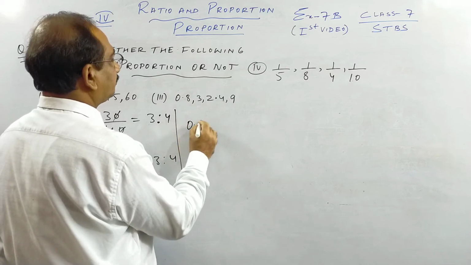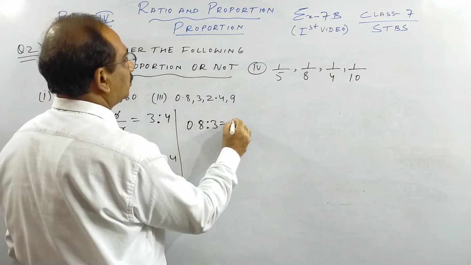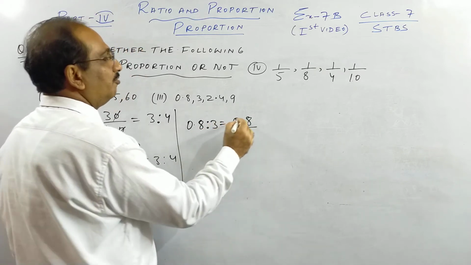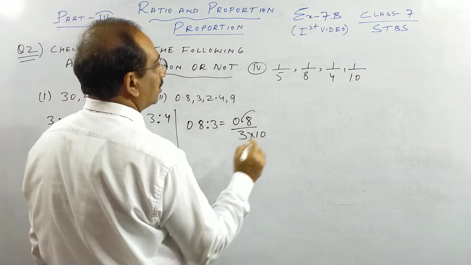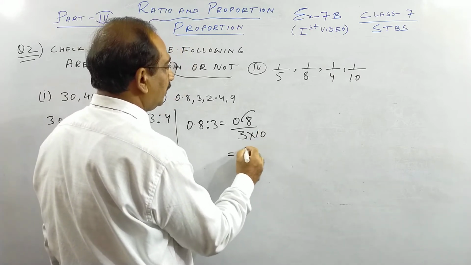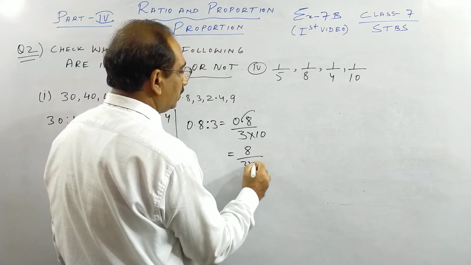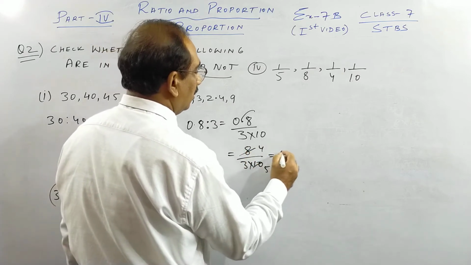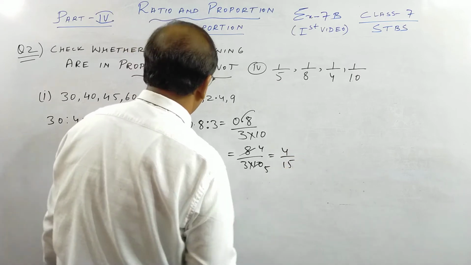Same way, we take the first two. Then we write in division form. When the decimal goes, 10 comes here. So I can write this as 8 by 3 into 10. What we can cancel: 2 fours are 8, 2 fives are 10. So this becomes 4 by 15.